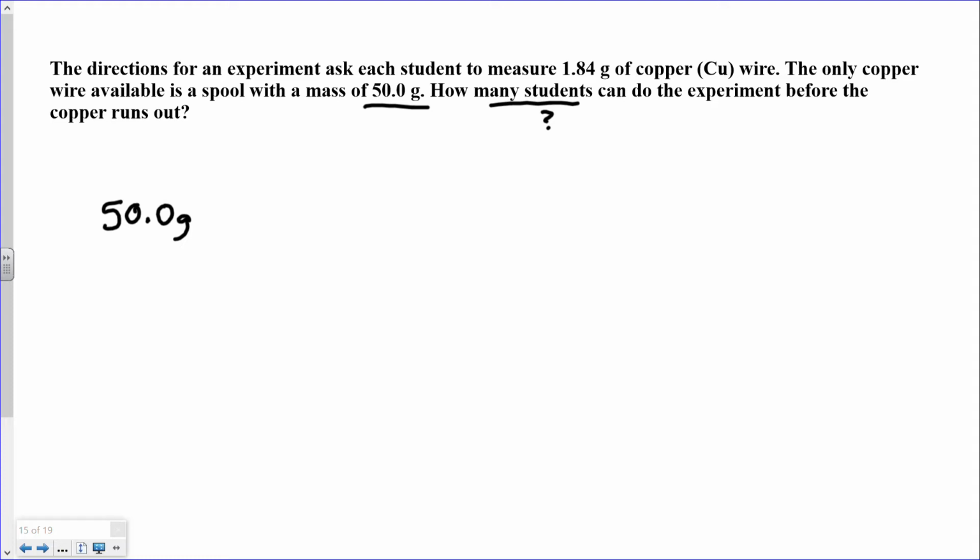And if I read the problem here, this is actually a conversion factor. Each student is going to get 1.84 grams. So that means 1.84 grams equals 1 student. So I can set this conversion factor up like we did in the previous problem so that my units of grams will cancel out. So I can use this conversion factor, and if I put 1.84 grams on the bottom, then my units of grams will cancel out, and that is equal to 1 student.